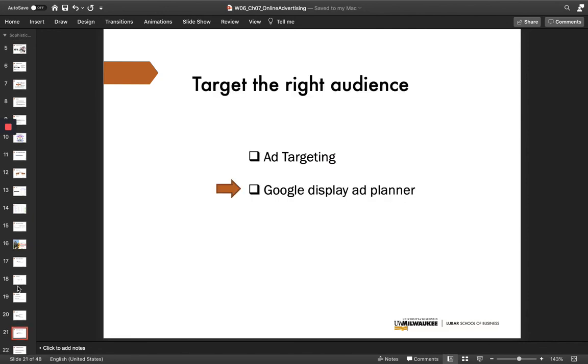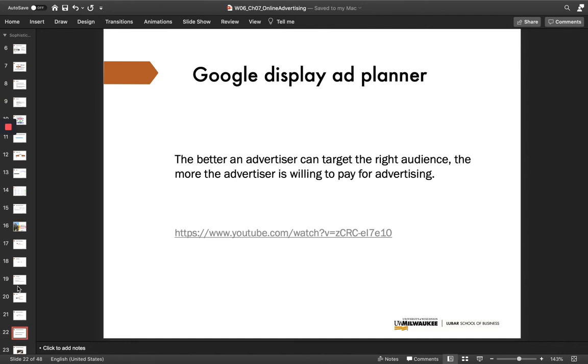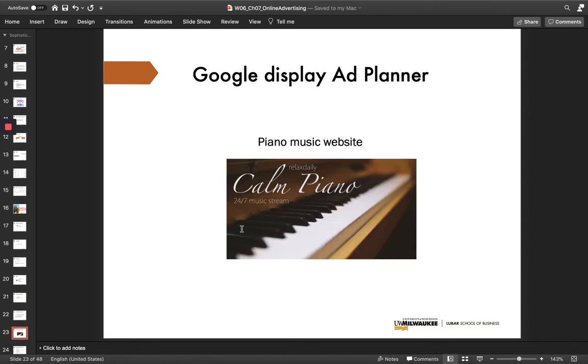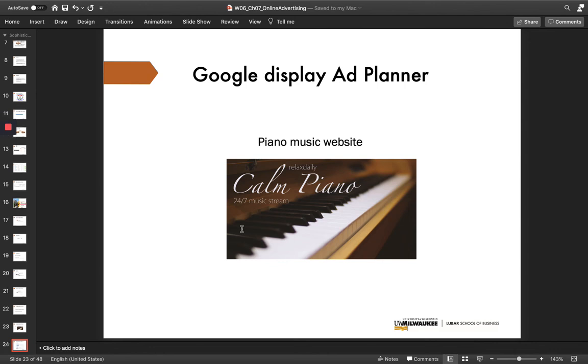So we use some tools here. Google offers one tool called Google Display Ad Planner, not Keyword Planner. You can use this link to get detailed information about this.